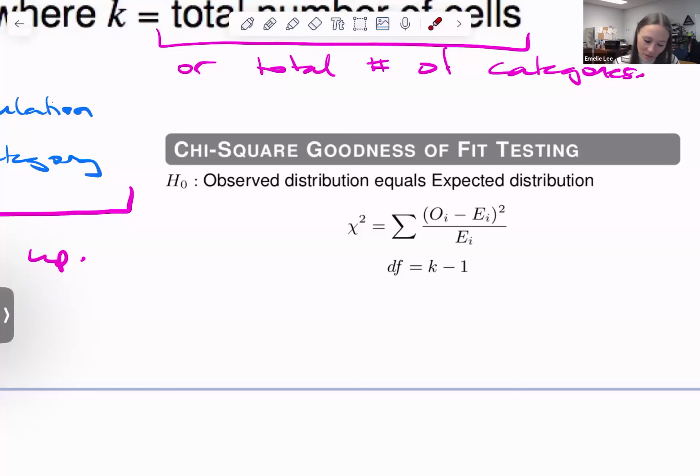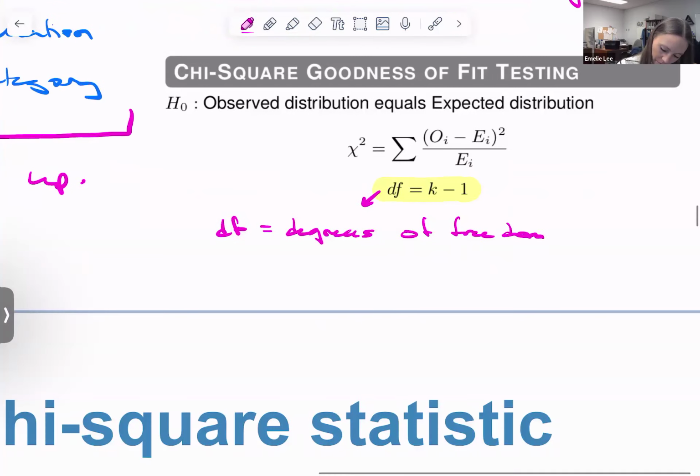And then the only new thing that we have here is the degrees of freedom, df, which determines the shape of the distribution.